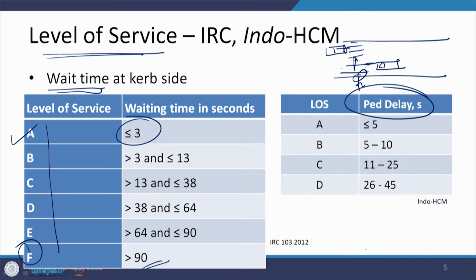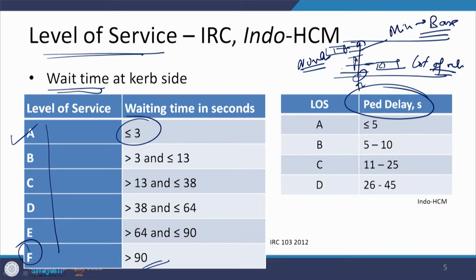Now, there are two cases which can be there. There are no vehicles and there are a lot of vehicles. When no vehicle is there, then this pedestrian is going to cross to the other side in the minimum time frame, and that becomes the minimum, becomes base.